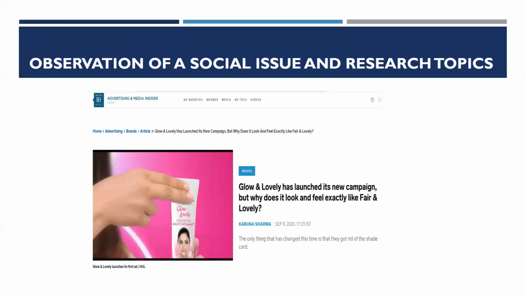Let's see an example. Recent example is, maybe you are familiar, if you are a business student, you may be familiar that Fair and Lovely changed its name in Pakistan, Glow and Lovely. Okay, so this is a social issue. The colorism in societies such as Pakistan, which has remained a colonial society over and over time again, but still our habits, still our skin color is a debate in this part of the world.